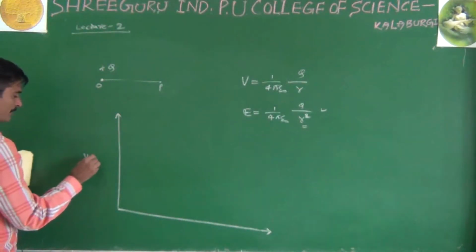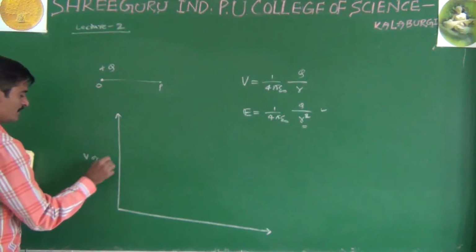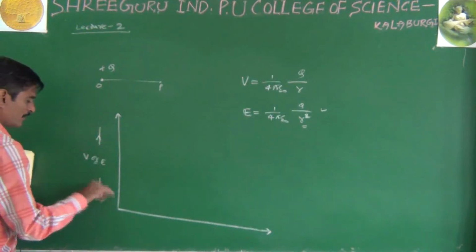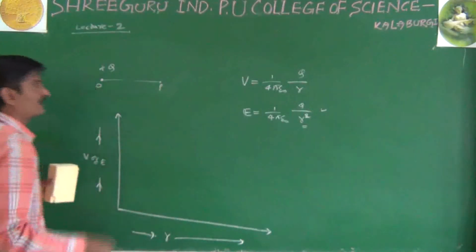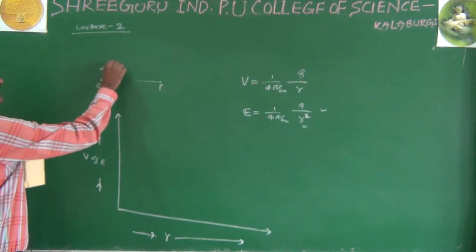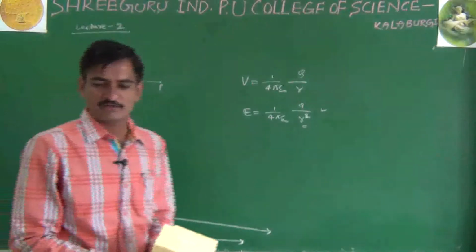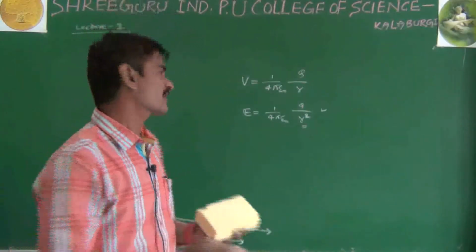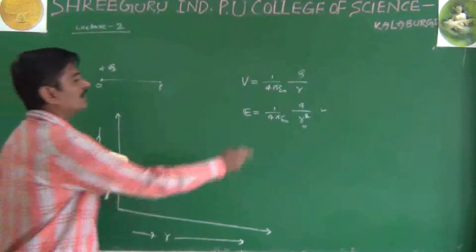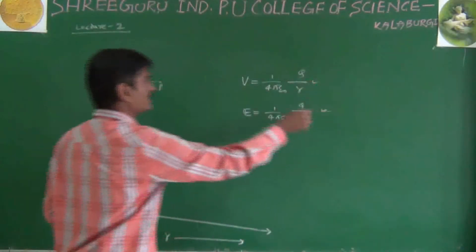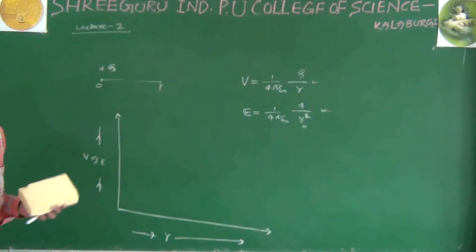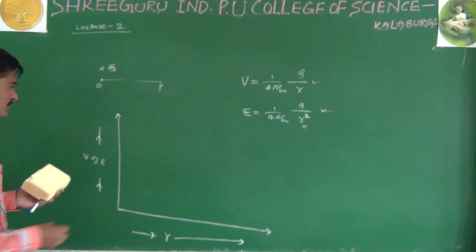So now, if you try a graph of the variation of electric potential and electric field intensity with respect to distance, for the same source charge, separately for electric field intensity and electric potential, then the graph obtained will be like this.